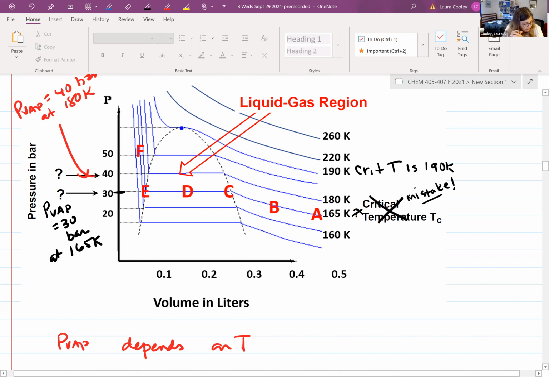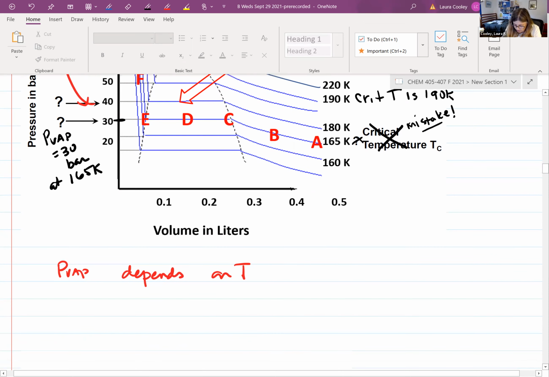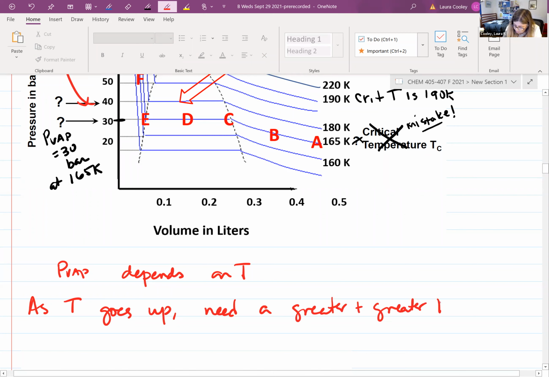So you have to apply a greater and greater pressure to keep methane in the liquid phase as temperature goes up. So as temperature goes up, you need a greater and greater pressure to liquefy methane, or any gas.